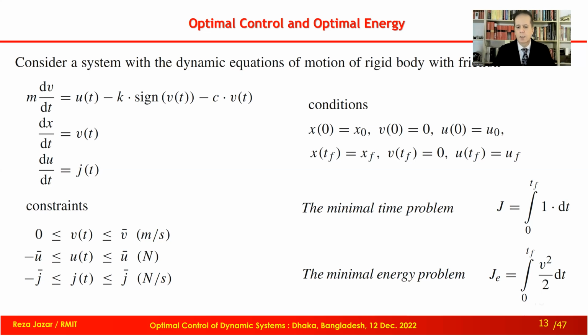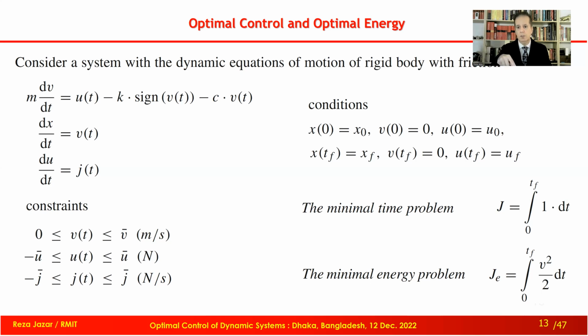Now look at the minimum time problem. Mathematically, optimal control always has an objective function. Usually we show the objective function by capital J. And we define that with an integral. The integral of something during the whole motion must be added together and J must be minimized.